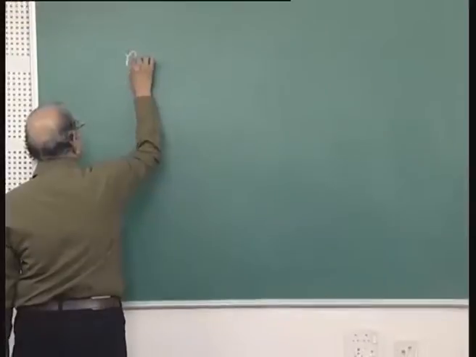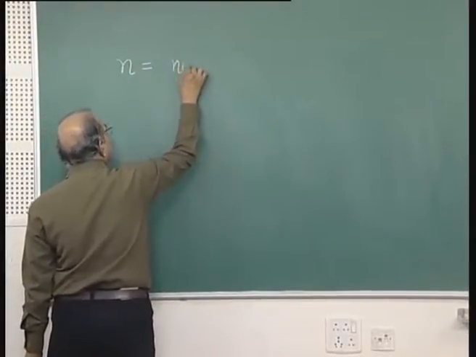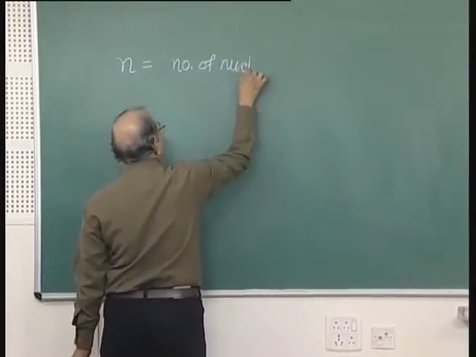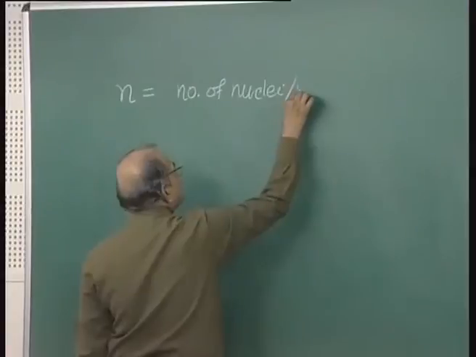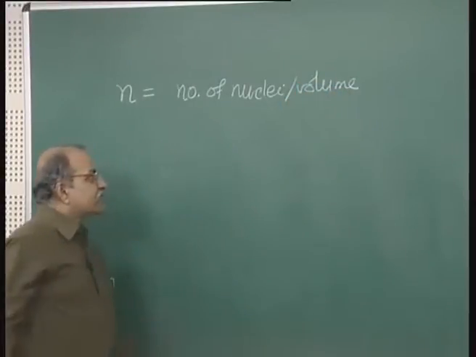So, suppose n represents the total nuclei concentration, number of nuclei per unit volume, total nuclei X and Y both.